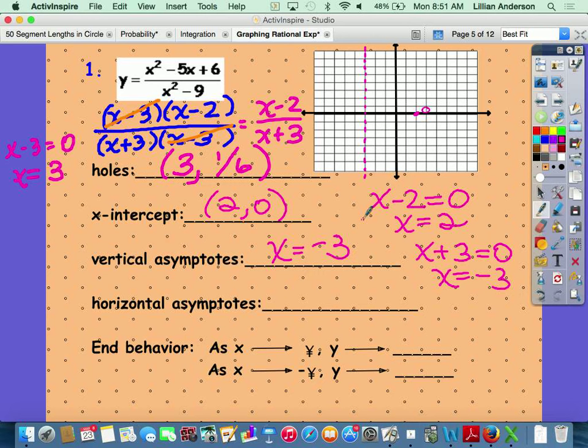Two more things. My horizontal asymptote. Now remember, your horizontal asymptote, that's one of 3 situations. You have to look at the degree of your numerator and your denominator. Degree, that is an exponent. It is a square at the top and a square at the bottom, which means the numerator and the denominator degree are equal.